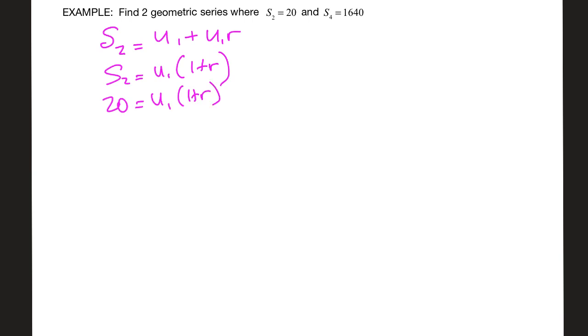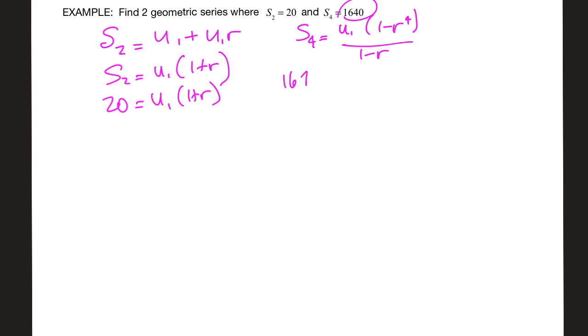Then using the formula, the sum of the first 4 terms, it's at the top of the page. You can turn it over and take a look at it, but it's the first term times 1 minus r to the 4th over 1 minus r. And actually I know what the sum of the first 4 is. It's given to me right here.